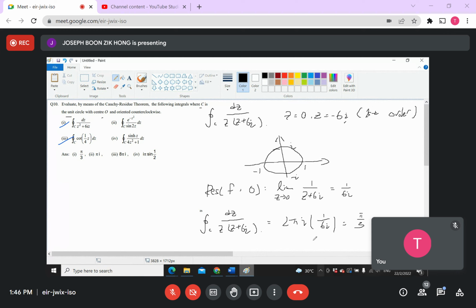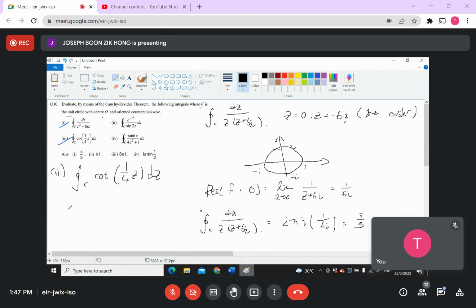Okay, so I proceed to the third one. I want to integrate cotangent of 1 over 4z dz.